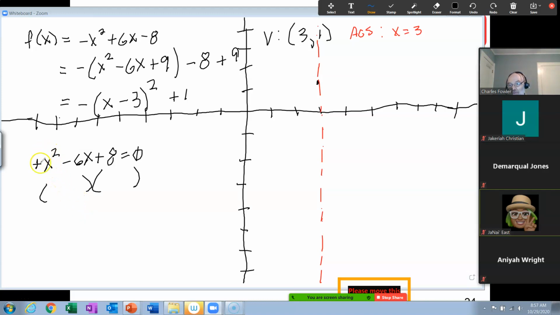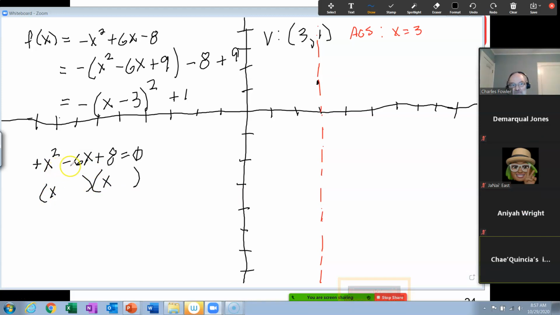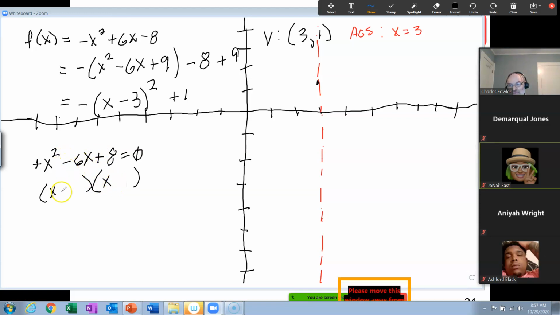So the only possible factorization for x squared is x times x. Next place we look is the sign of the last term. That's a positive. That means these two signs have to be the same. Are they both positive or both negative? Since the middle term is negative, we make them both negative.